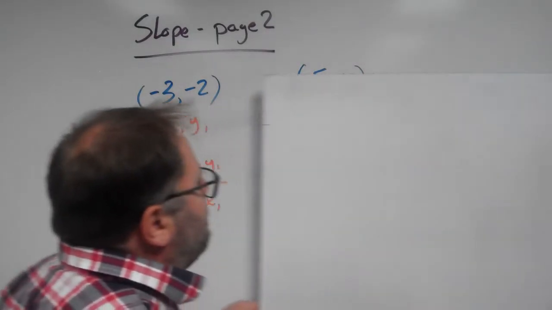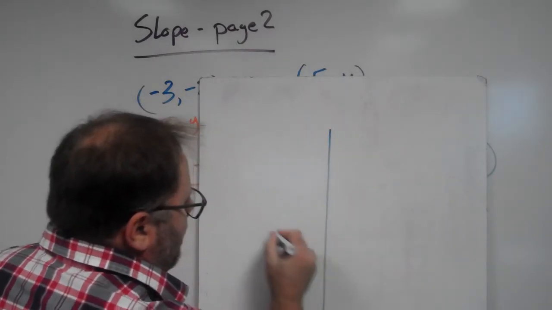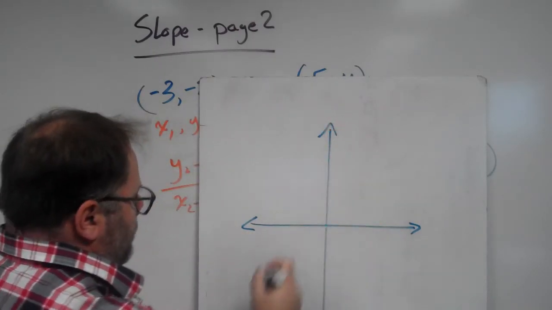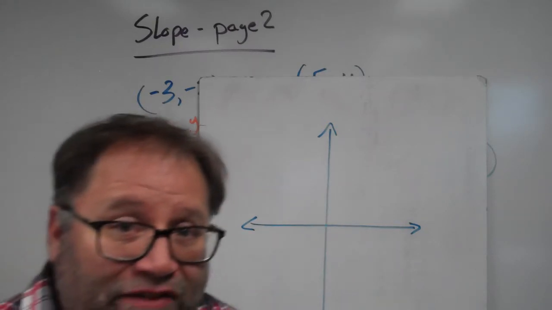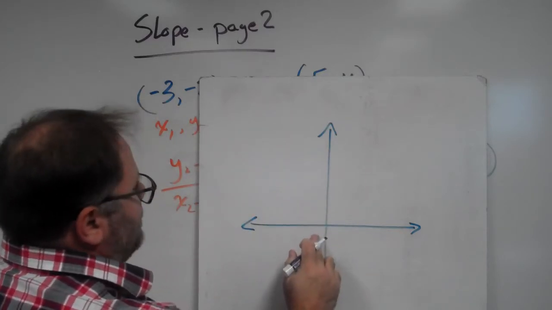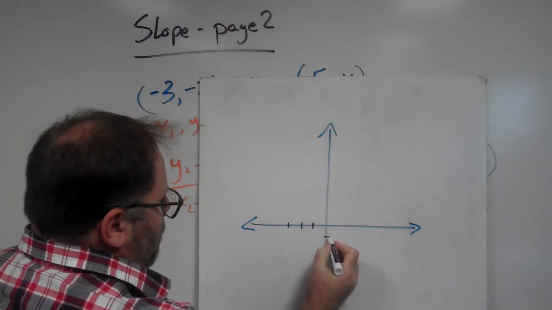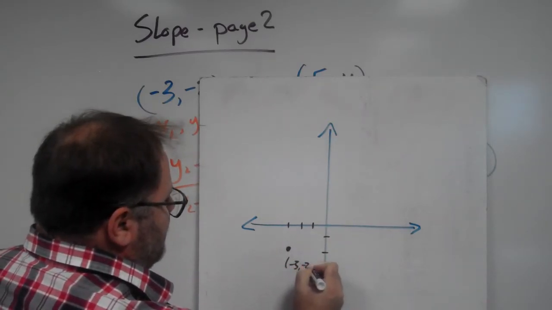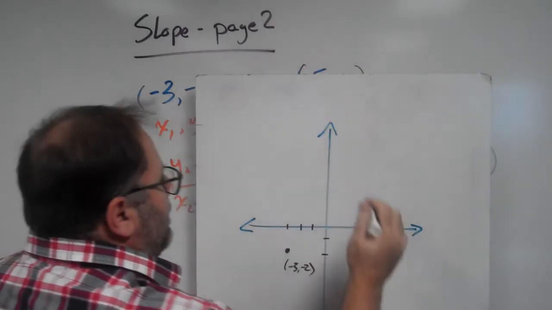What that means is when you graph that on that coordinate plane here, this is not to scale, certainly not even official. Wherever you start, let's say you're at -3, -2. About right there. And then what's the other one? 5, 4.